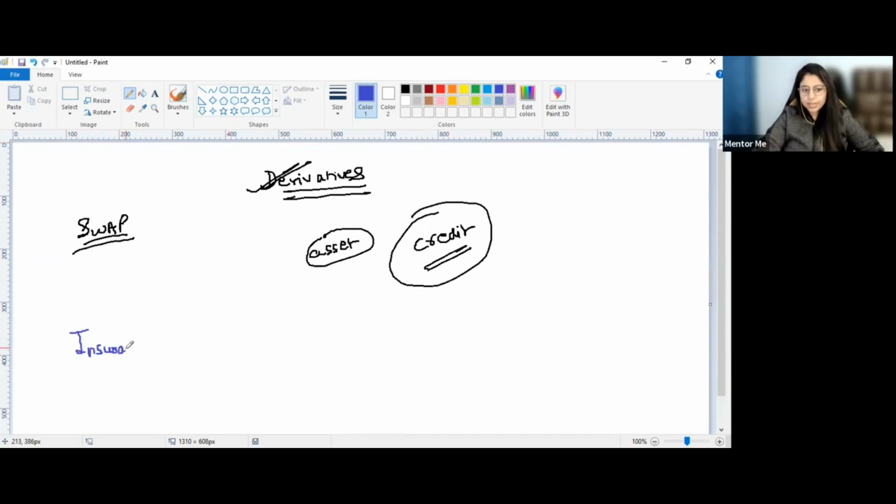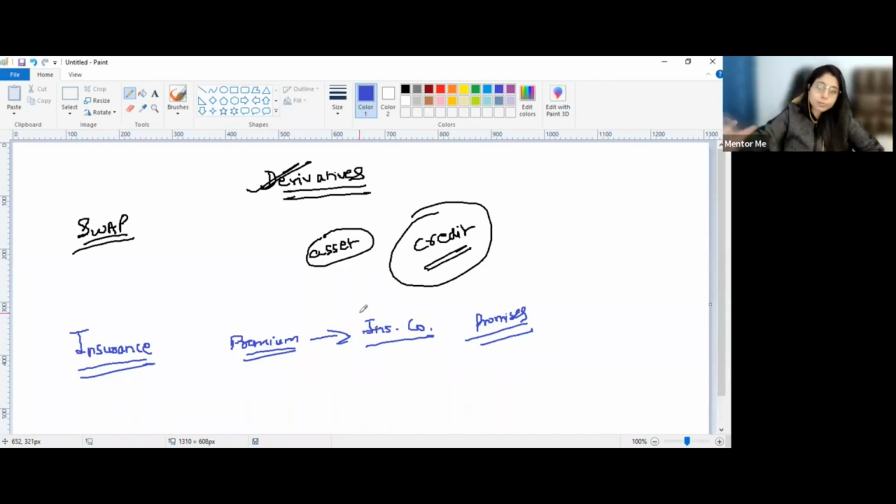What happens in an insurance contract? We pay premium to the insurance company, right? The insurance company promises that in case of any emergency situation with respect to the thing for which we have got ourselves insured, let's say health, so in case of any medical emergency, the insurance company will support us at that time.